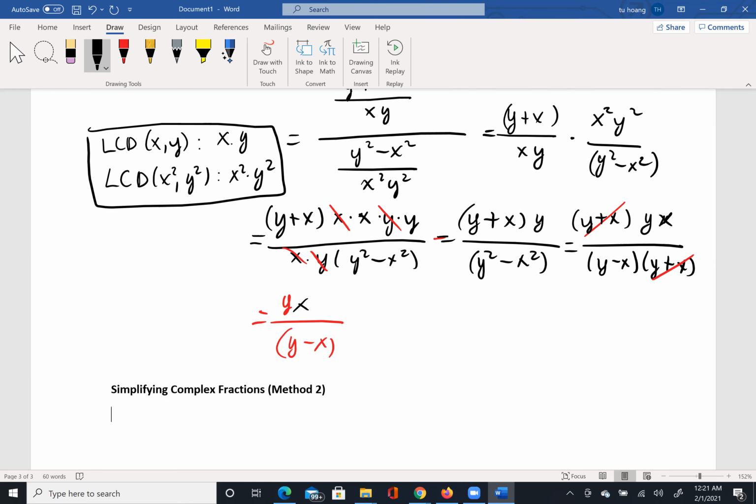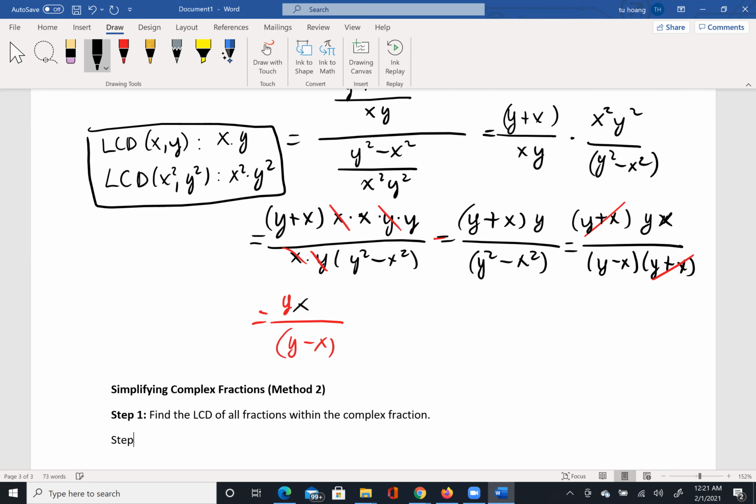So for this one, step number 1, you need to find the LCD of all fractions within the complex fraction.